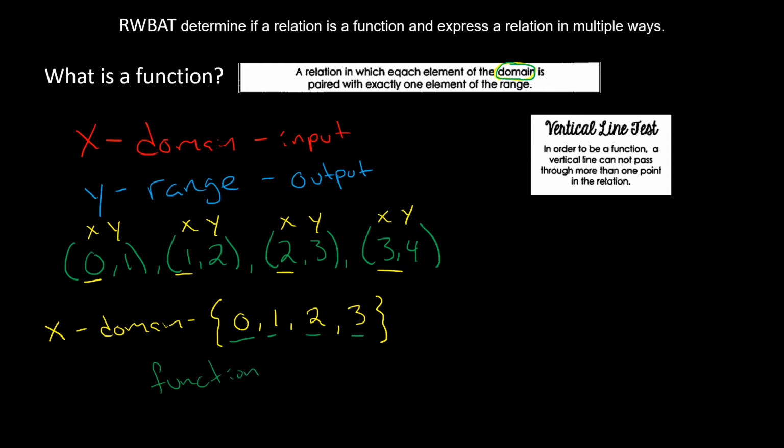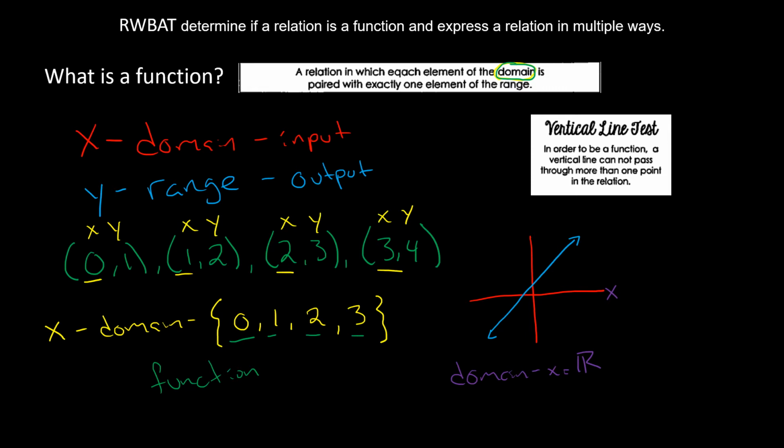If we have some type of graph on a coordinate plane, and I want to explore our domain, well, we would say our domain, or x values, would be all real numbers, because this would go on for infinity, negative infinity and positive infinity.